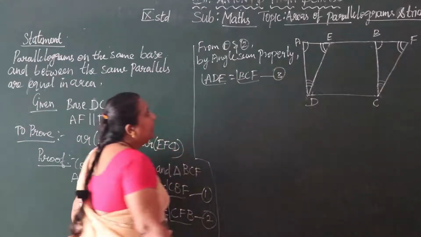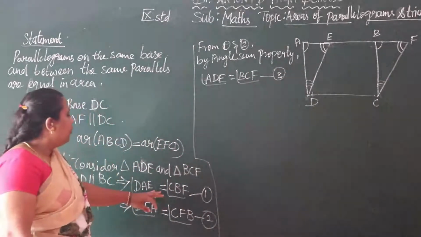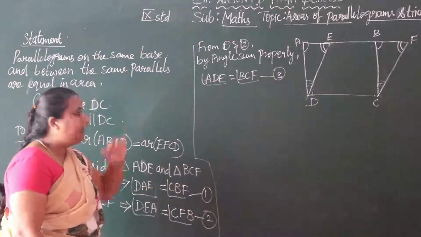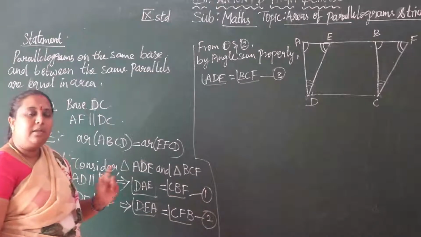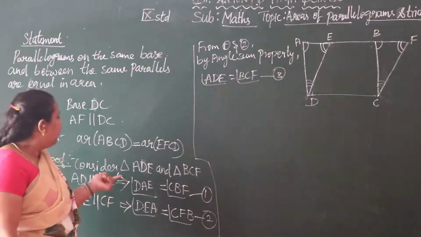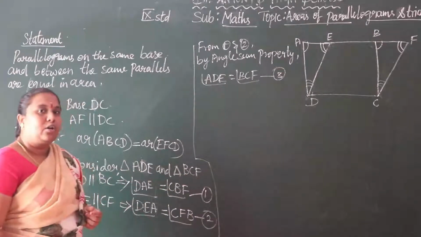This is equation number 3. Okay, considering equations 1, 2 and 3, by AAA congruence rule we can say these two triangles are congruent.